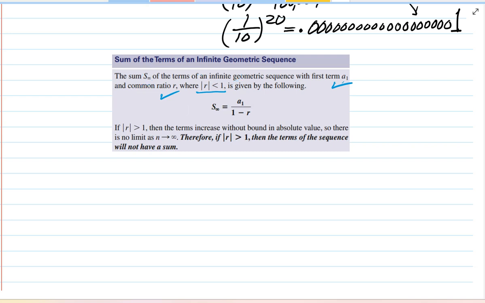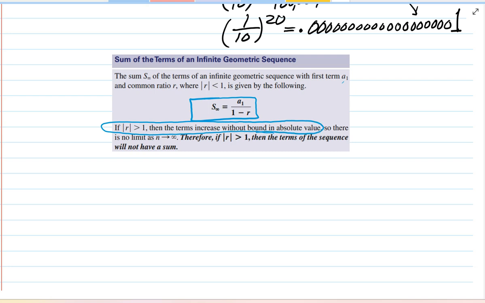If it's not, we say the sum diverges. It just blows up. We cannot do what we're about to do. So it's got to be less than 1. But with these specifications, it is possible to write the sum to infinity as a sub 1 over 1 minus r.